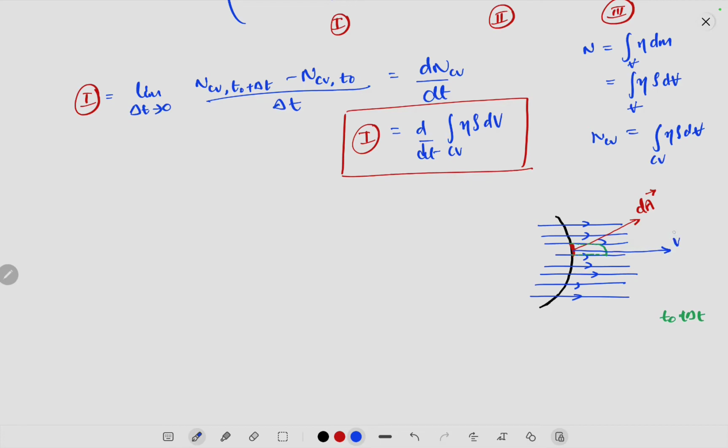I have just exaggerated it for clarity, but let me concentrate on this green portion again.